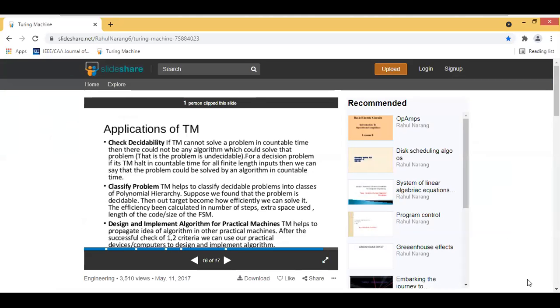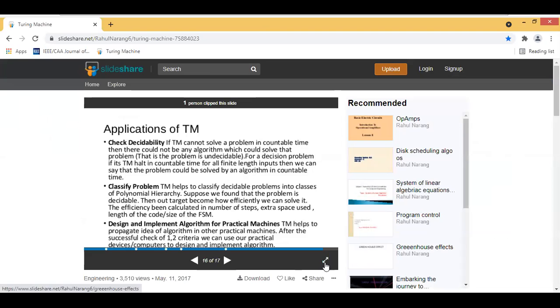And after that, we can get the successful checks. That means by applying one or two criteria, we can get some output, right? That can be used for our practical devices, or for some computers, to design and implement the algorithms.